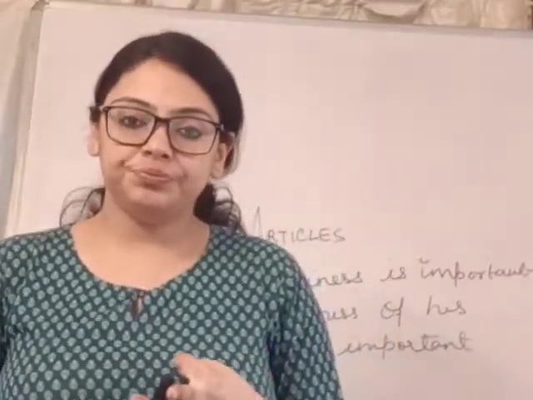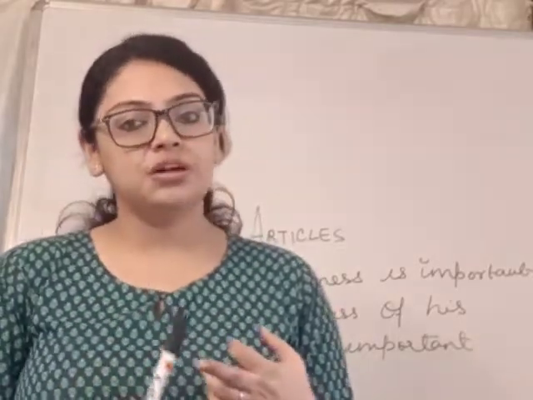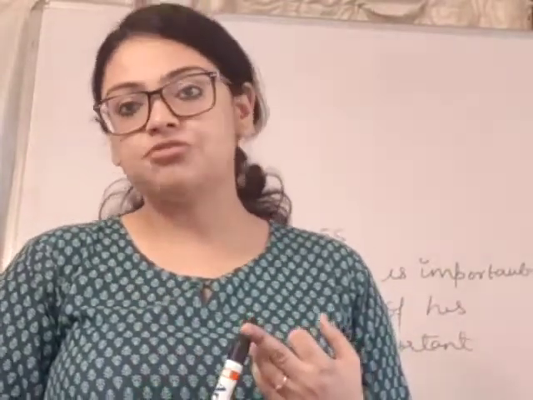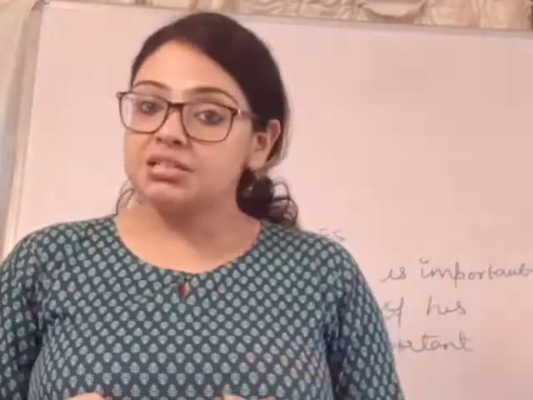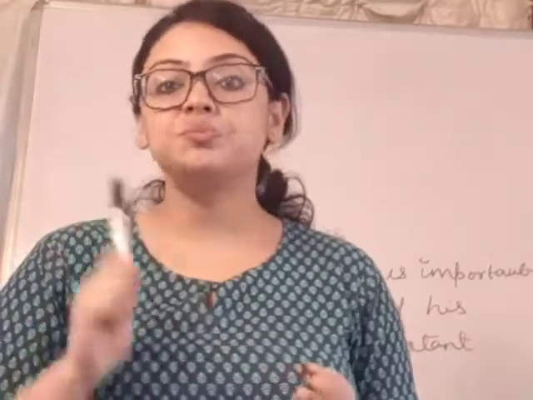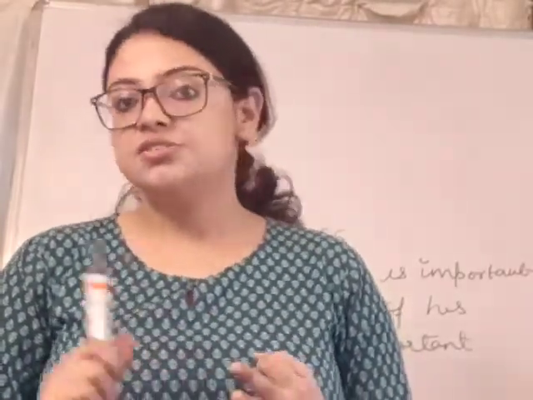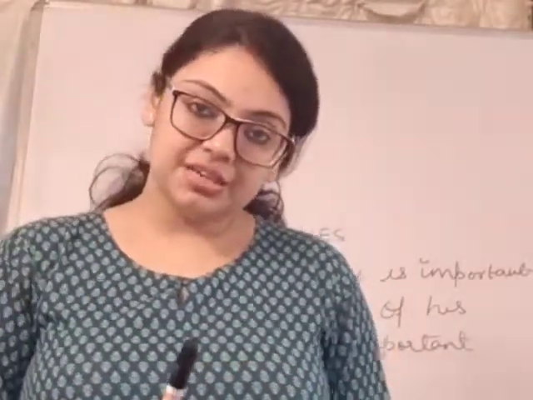What is the third thing that I've just told you? You cannot use the before country names, before languages, before continent names. So we do not say that. But the Himalayas, the Ganges, before a specific thing, before the earth, the universe. So before these things we can use the, but not for other things that I've just mentioned.